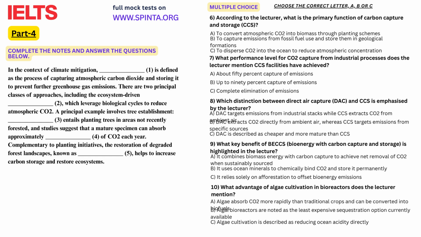Now, let's transition to artificial techniques. These are primarily technological methods designed to capture CO2 directly from the air, or from emission sources. One such method is carbon capture and storage, often referred to as CCS. CCS involves capturing carbon dioxide emissions produced from the use of fossil fuels in electricity generation, and storing it underground in geological formations.